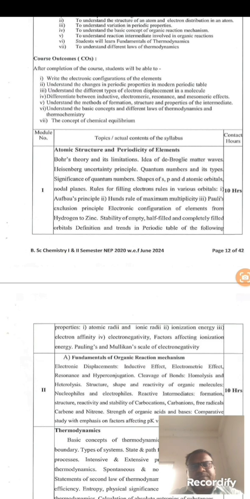ideas of de Broglie matter waves, Heisenberg uncertainty principle, quantum numbers and their types and significance, shapes of s, p, d atomic orbitals, nodal planes, rules for filling electrons in various orbitals.